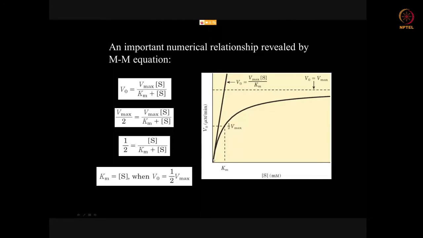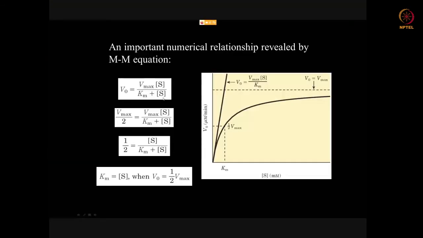So let us look at the early phase. In the early phase, your substrate concentration is extremely low, like if you take this portion, and therefore Km is probably a lot greater than S, and we can compare to the Km value, yes, S may be ignored. And if you ignore S, then this equation becomes like this. So these two are going to be constants.